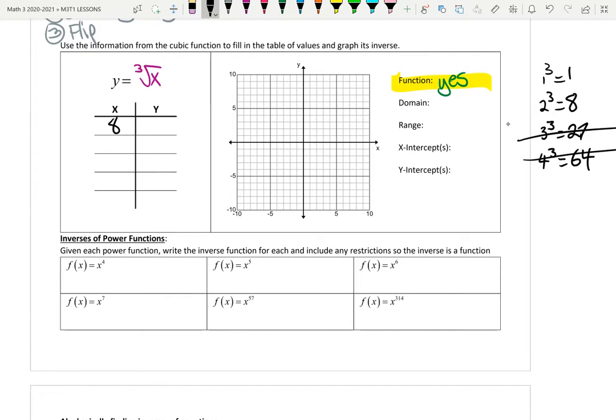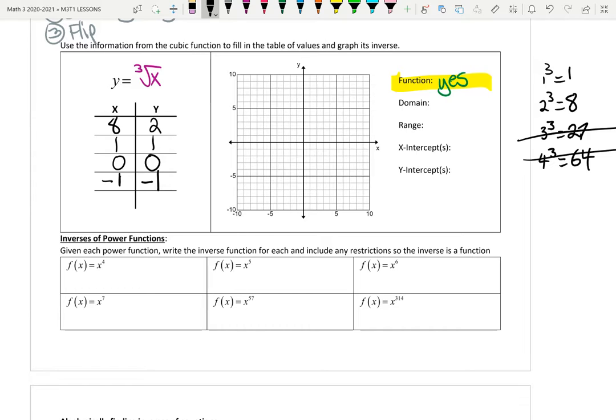And then this is going to produce 2. 2 times 2 times 2 is 8. My next one is going to be 1. And the cube root of that is going to be 1. When I plug in 0, well, it's going to be 0 as well. Now I'm going to go negative side. Negative 1 is going to be negative 1.